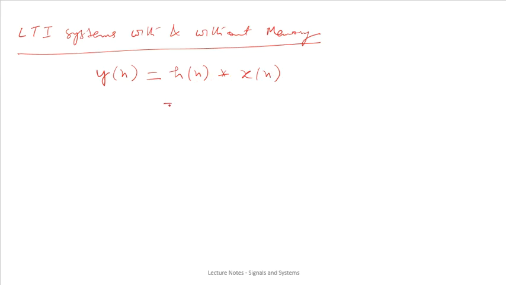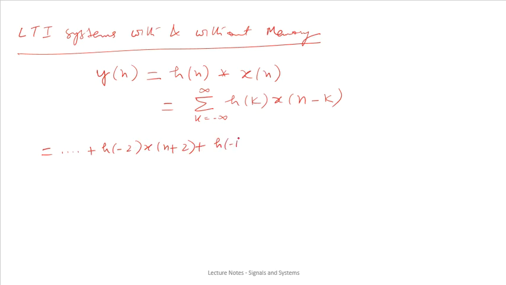Okay, so if I write it in this way, the summation will be from minus infinity to infinity h of k, x of n minus k. Okay, so if you try to just expand this expression, you will have something like this.